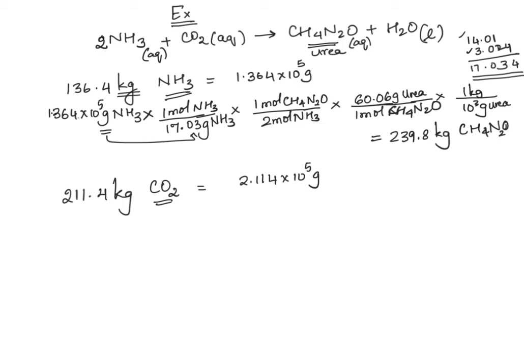And we converted to moles because that was leading us to moles of urea, because we have a mole to mole ratio here. From moles of urea, we went to grams of urea, and then we went to kilograms of urea. Now remember, we went to kilograms of urea because the question says how many kilograms of urea will be obtained. That's the first part of the question.